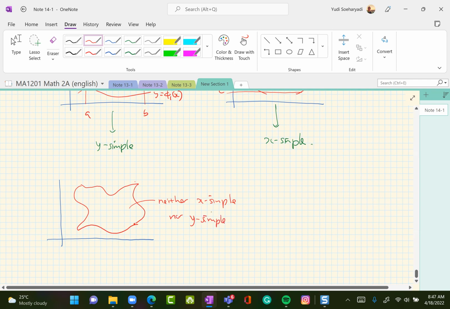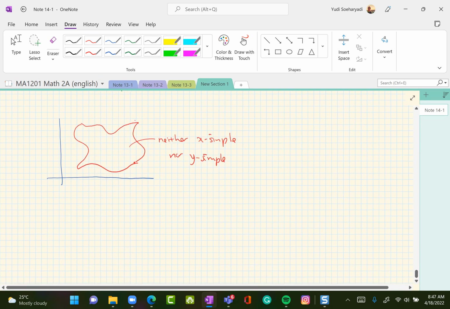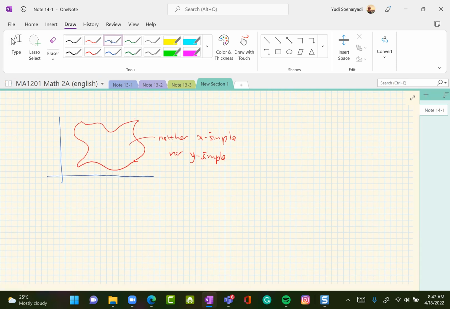So if we deal with this one, we have to do something different. On the other hand, a circle would be simple.